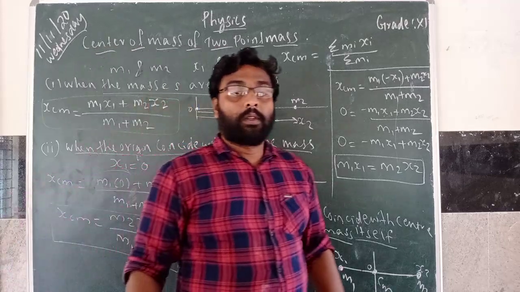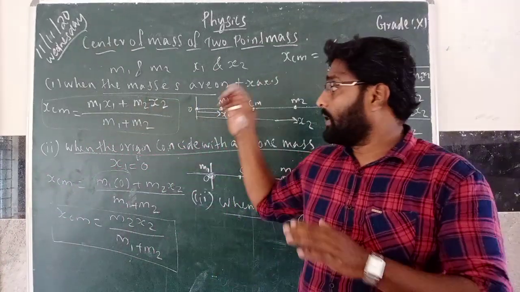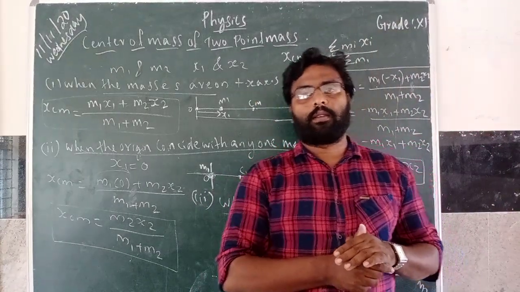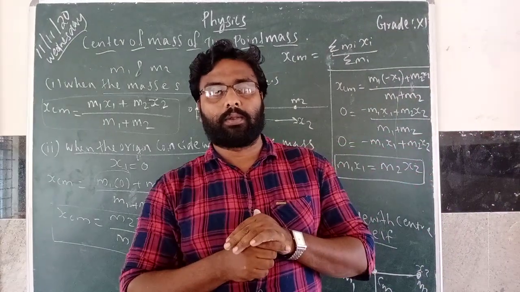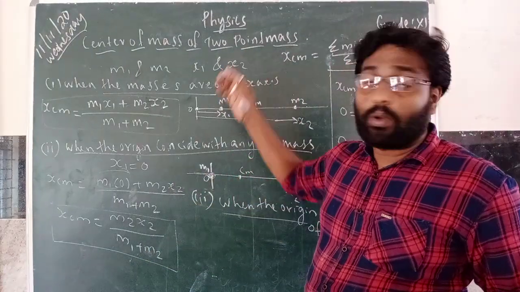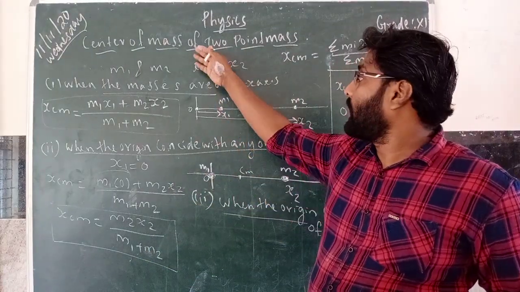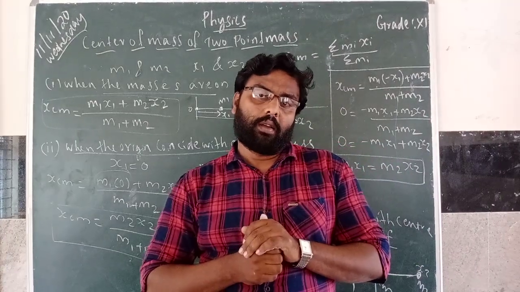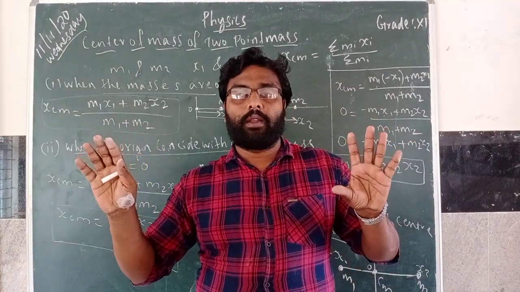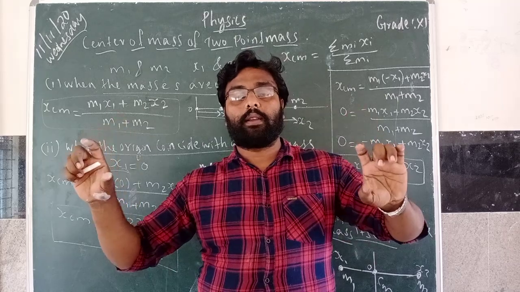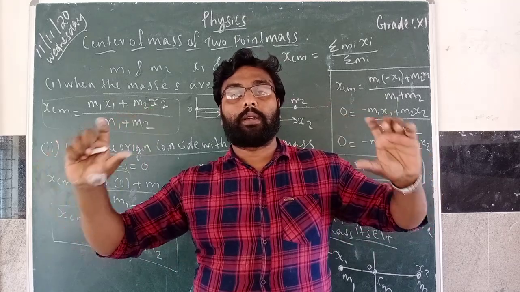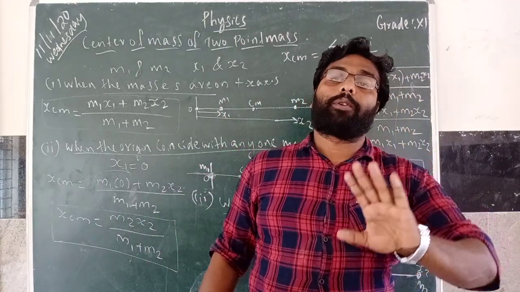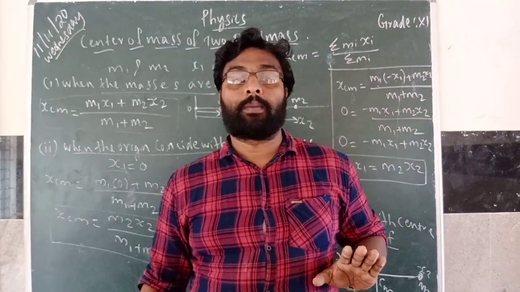Okay? So listen here. This is one important question. You can learn 3-mark question. And this formula is very, very important. You see what are center of mass of 2-point mass. 2-point mass is there. You are keeping at 2 positions in the x coordinate system. Then finding the center of mass by using our center of mass equation.